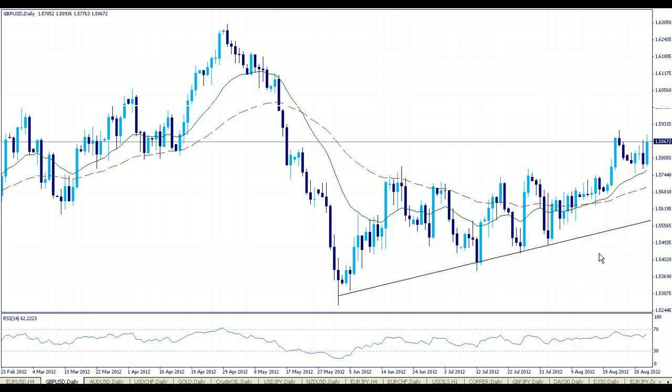And hopefully you'll have a clearer picture on how to use your charts and how to make a trading decision. Moving averages are a good tool to use.